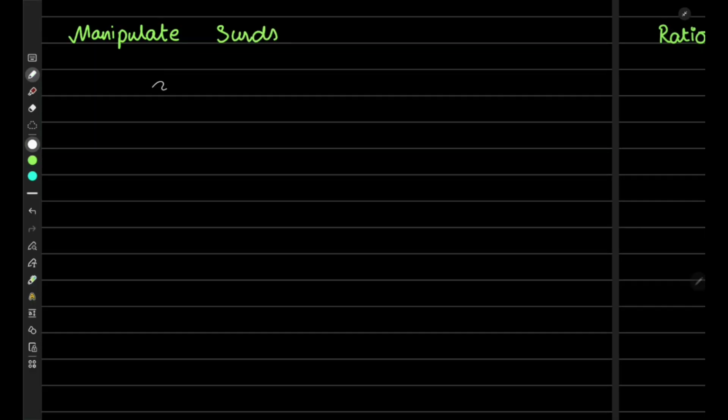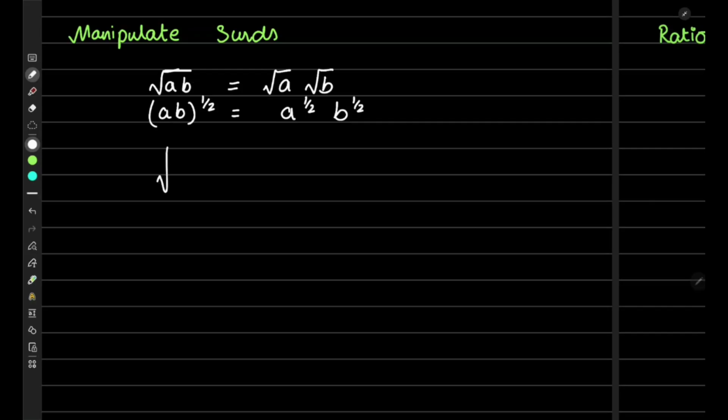For example, whenever you have root of a times b, two numbers multiplied inside the square root, you can write it as square root of a times square root of b. This is very much evident from the law of indices, that if you have any power, you can distribute the power to the two numbers that are multiplied. Similarly, if you have square root of a over b, this can also be distributed and you can write it as square root of a over square root of b.